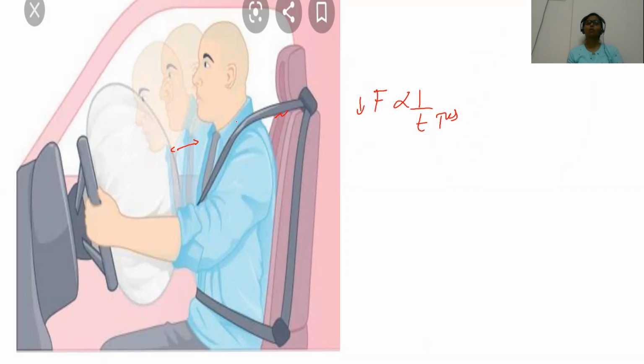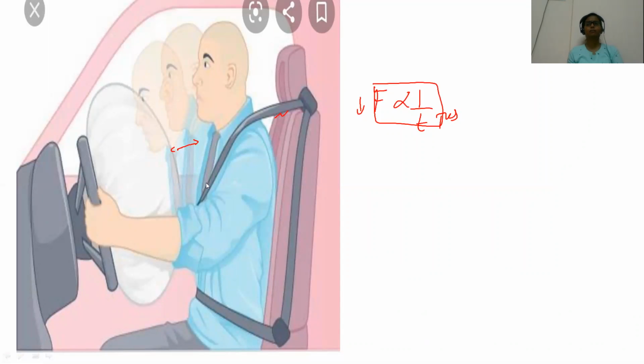So the seat belt avoids the fall and increases the time gap. Understood, no? How it depends upon force and time, change in momentum by time. I hope this is clear about Newton's second law and how it is related to these factors.